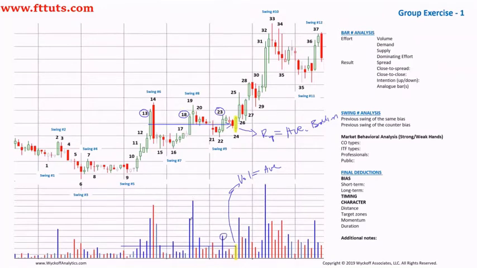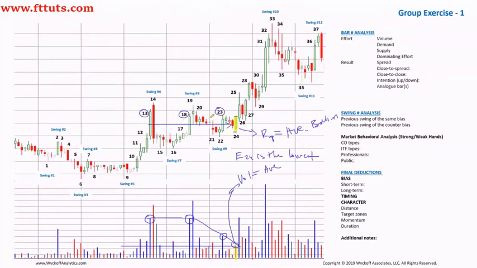But then there is a very interesting, significant development here with the volume signature. Look at how the effort is so low, and yet we are capable of producing almost the same result as 24. Again, effort on bar number 24 is the lowest among all of these bars.